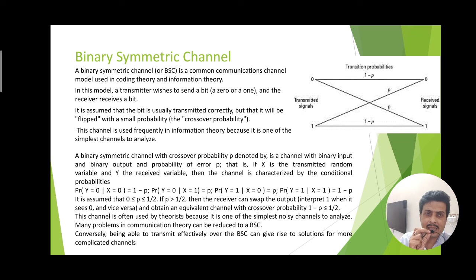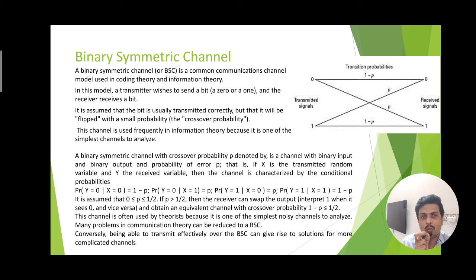That is, if X is the transmitted random variable and Y is the received random variable, then the channel is characterized by the conditional probabilities, and such conditional probabilities are four types. The first one is probability of Y equal to 0 given that X equal to 0 is transmitted. So it is a correct reception, and that is equal to 1 minus p, because p is the crossover probability, that is error probability.